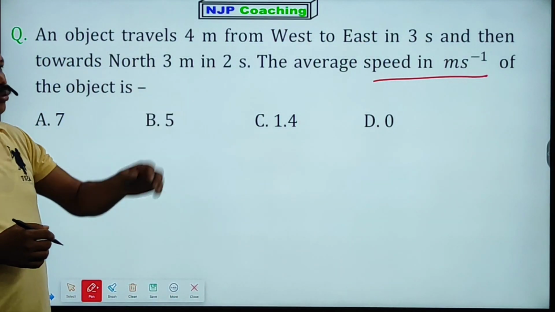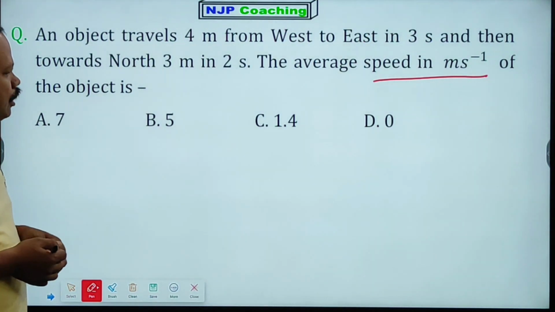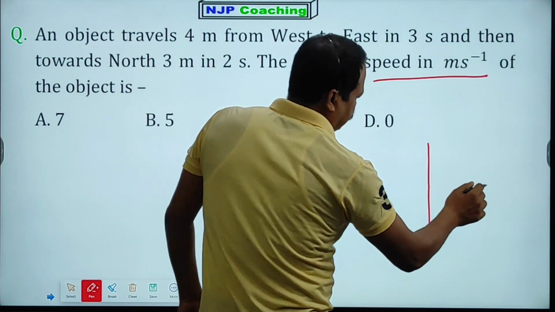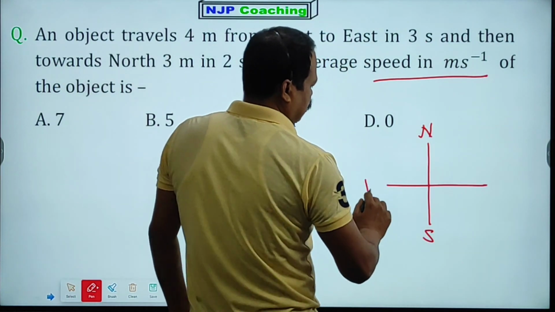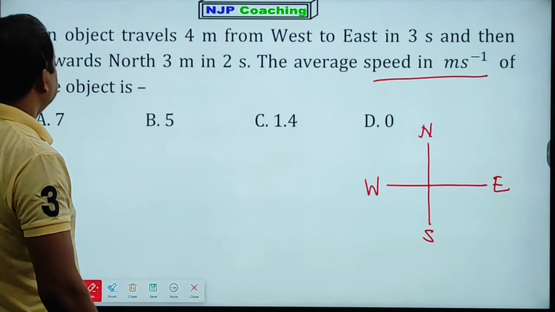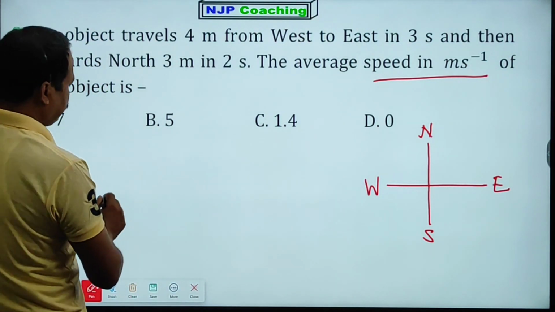7, 5, 1.4 and B. An object travels 4 meters from west to east, 4 meters from west to east. What are the directions now? North, south, west, east. So an object travels from west to east 4 meters in 3 seconds.